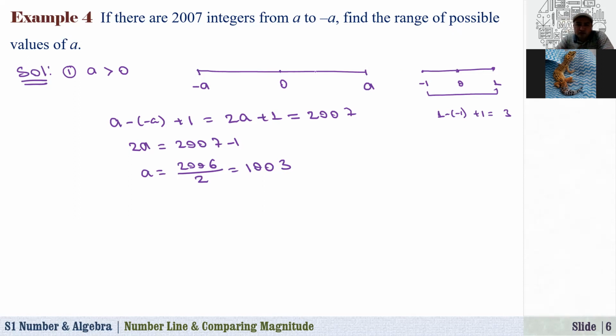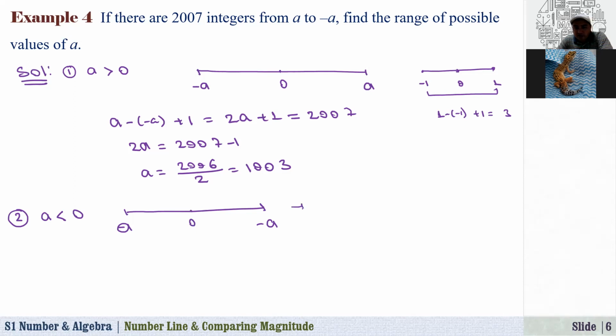Now if I just shift this a little bit, let's also consider the second case. How about if a is negative? If a is negative, at that time we will have the same thing here. Here we have a, and here we have negative a, and here we have 0.